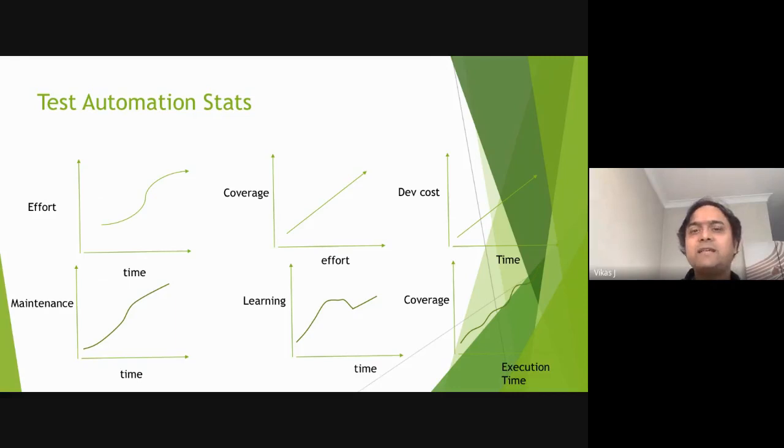If the coverage keeps increasing, the execution time increases. Personally, I'm perhaps considering only pessimistic scenarios here, but that's a bit of a reality in many organizations nowadays. But then we'll look at how things can be improved.